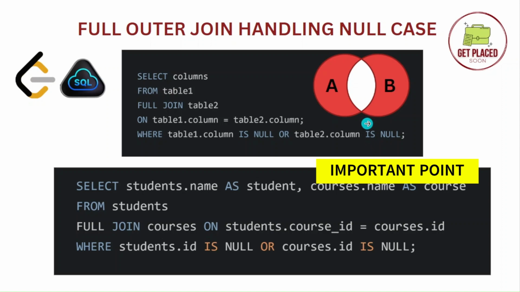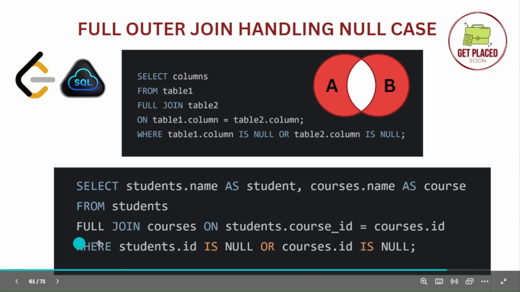In the right outer join we do left dot column is null, but in full outer join we write both table 1 column is null or table 2 column is null. You can see here we are joining the tables with full join, and because we are having null case, we will mention students id is null or courses.id is null. Okay, we will mention the two things.